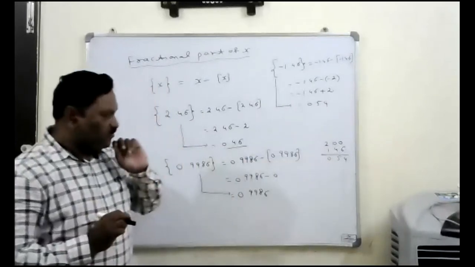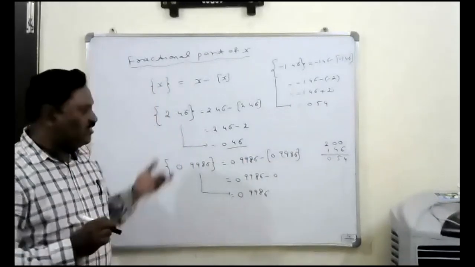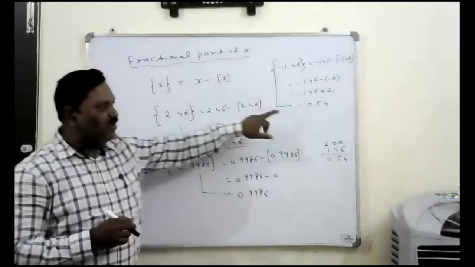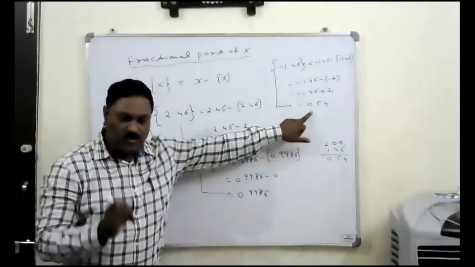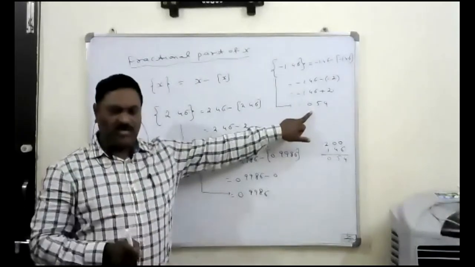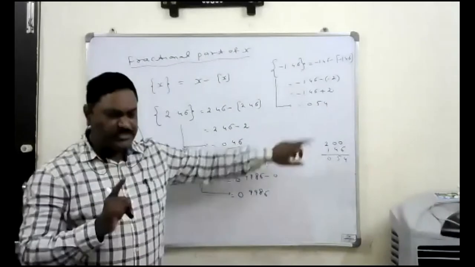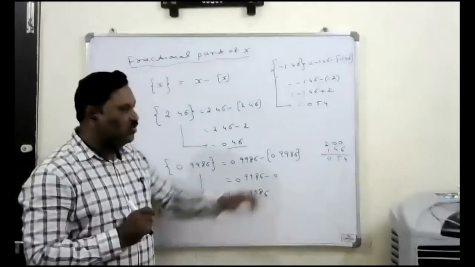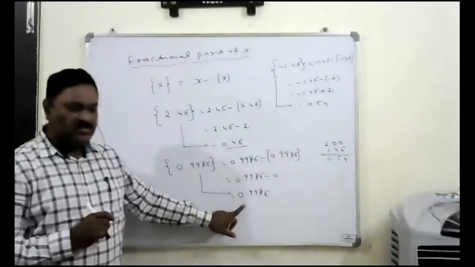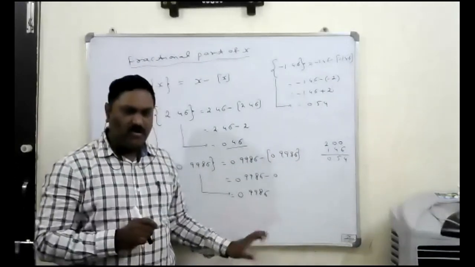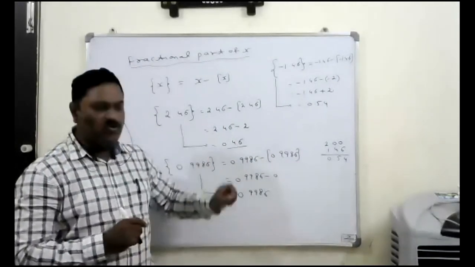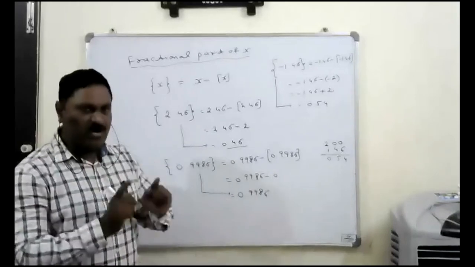So the fractional part of any number, either positive or negative, always gives a positive number only, and it is a decimal value. All these values lie between 0 and 1.